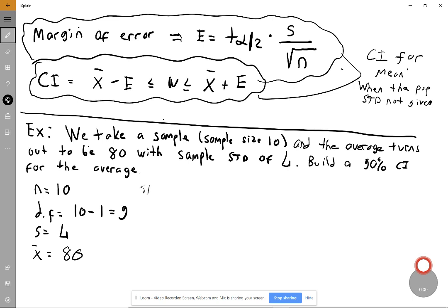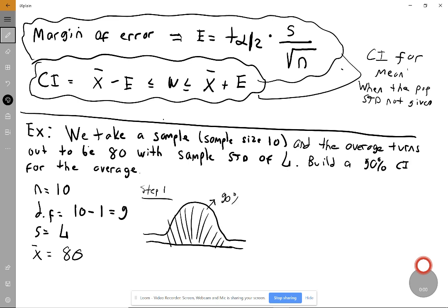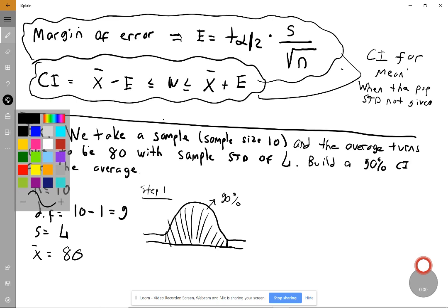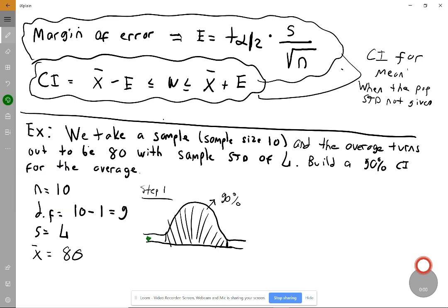Step 1. A 90% confidence interval means the sketched area will be 90%. That means the remaining area on the left, let me use green this time, will be 5%, and the area on the right will be 5%.